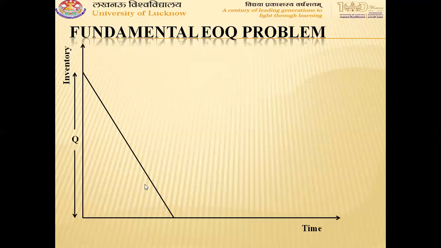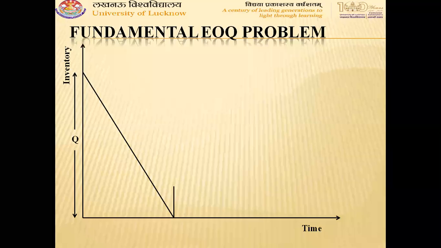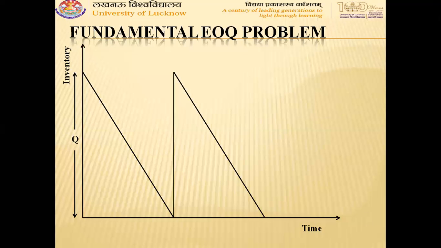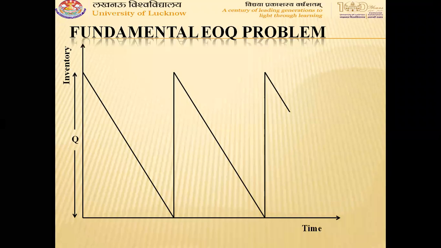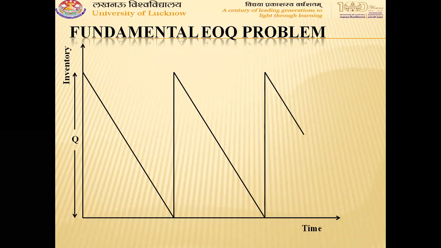Upon decreasing, it will hit zero level at some time point. Then at this time point, a new order will be placed and that will be available immediately upon ordering. Then again Q units become available and again start being consumed. In such a manner, the fundamental EOQ problem can be explained, and the time gap between two successive orders is denoted by T.